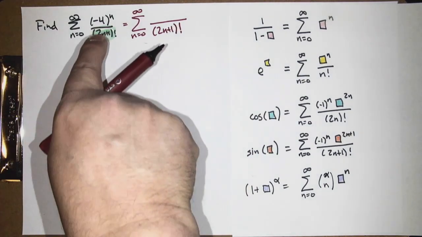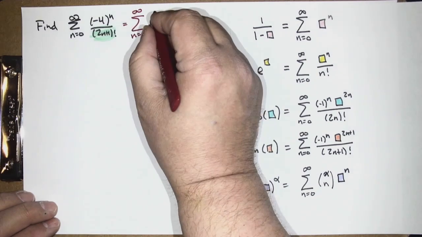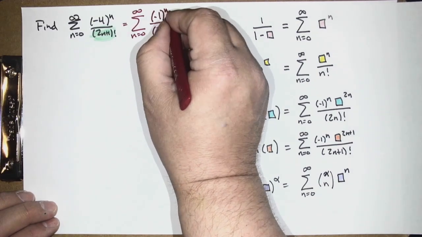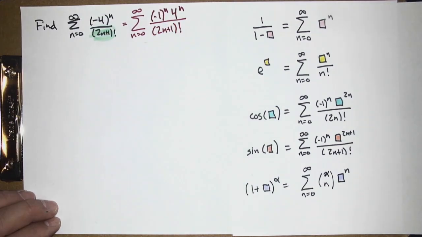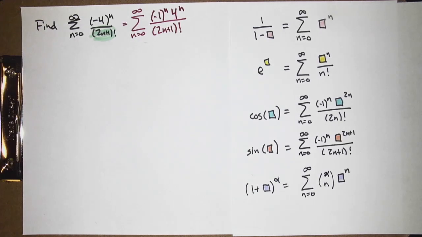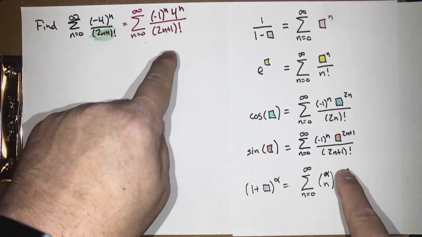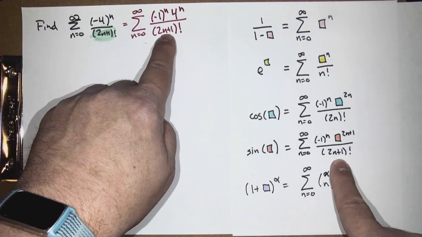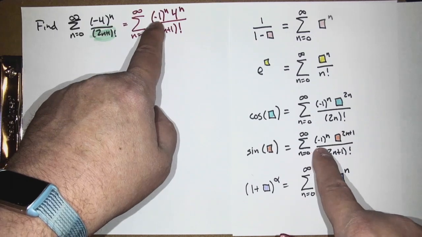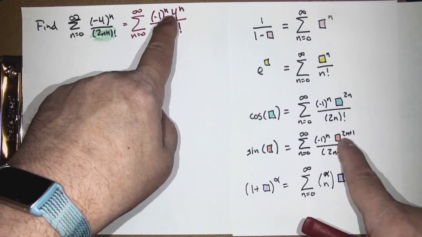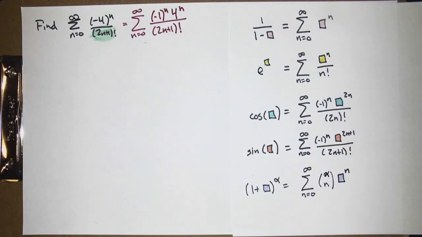Okay, so we can separate here. We can say, hey, this is negative 1 to the n, 4 to the n. Yes? And now we're like, cool, we have our 2n plus 1 factorial. We have our negative 1 to the n. We have to have something to the 2n plus 1. Currently we have something to the n, 4 to the n.